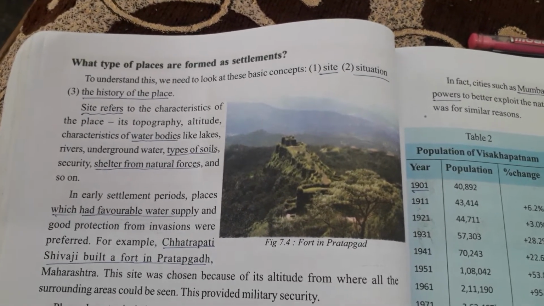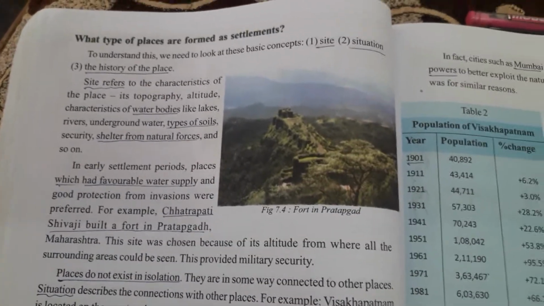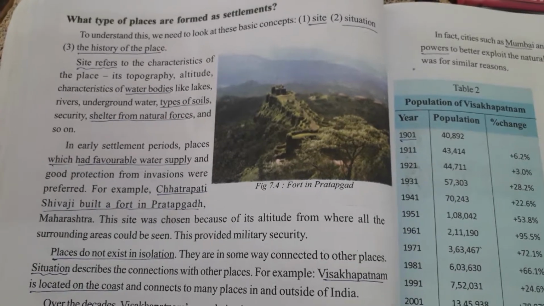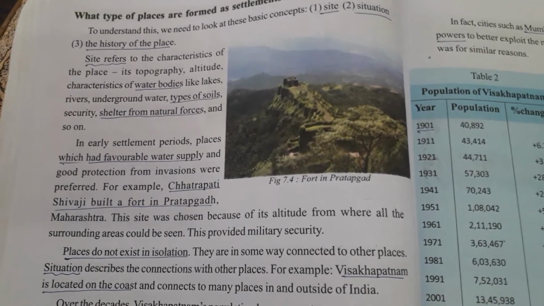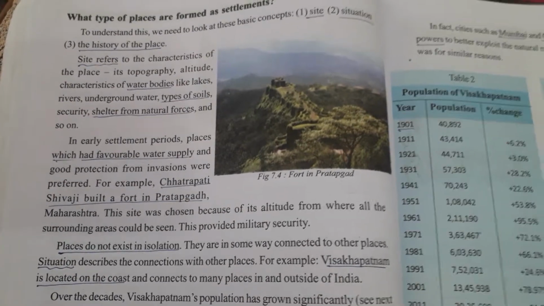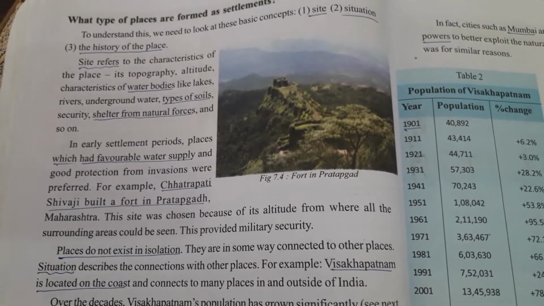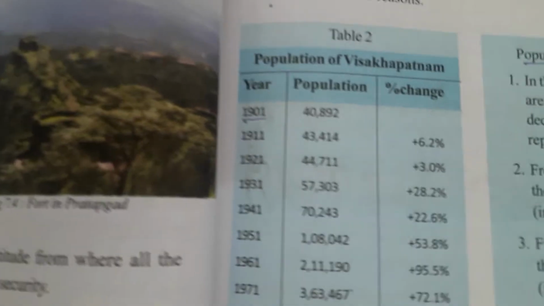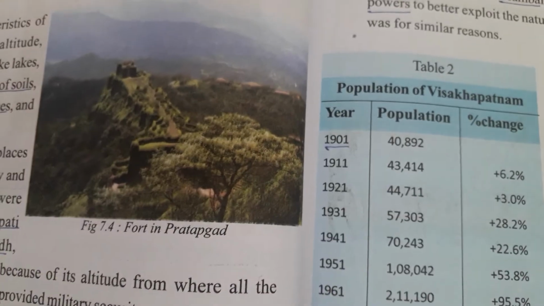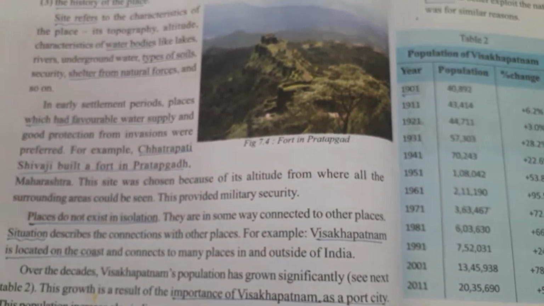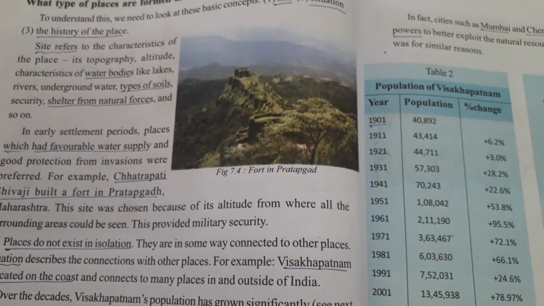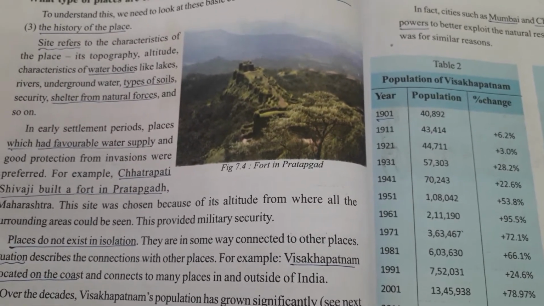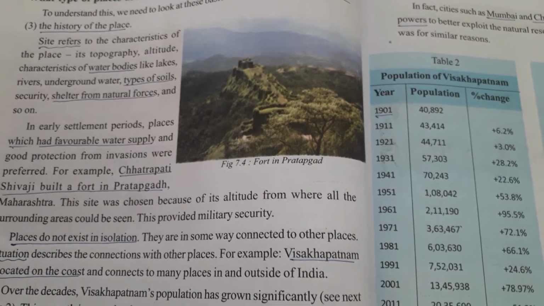So in early settlement periods, places which had favorable water supply and good protection from invasions were preferred. For example, Chhatrapati Shivaji built a fort in Pratapgarh. You can see here it is almost on the top of the hill, in Maharashtra. This site was chosen because of its altitude, from where all the surrounding areas could be seen.